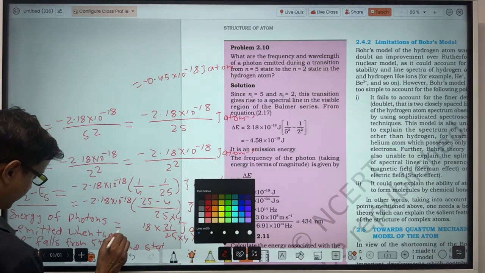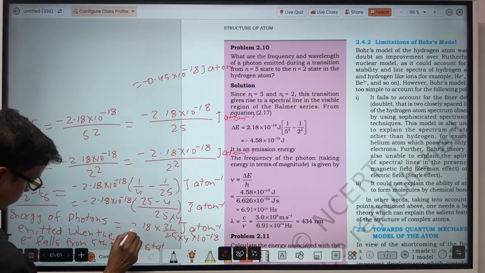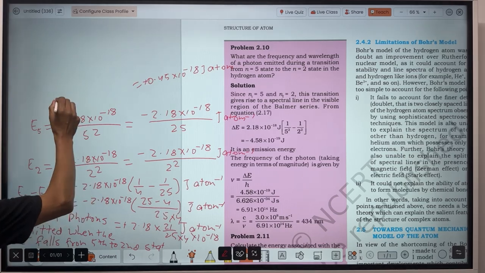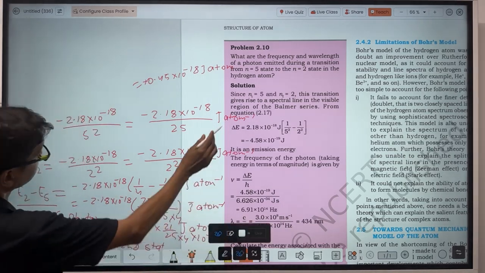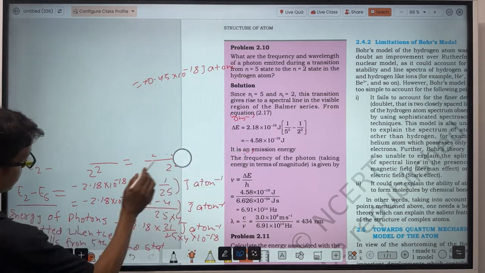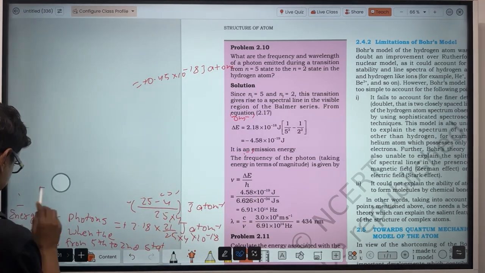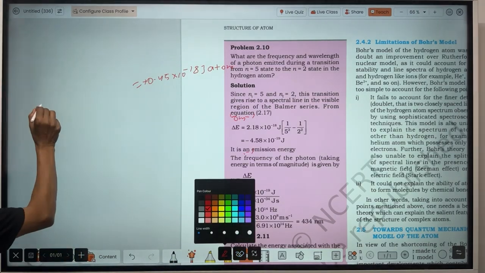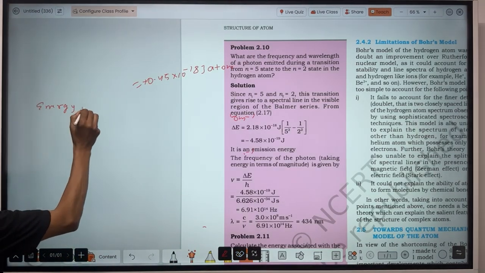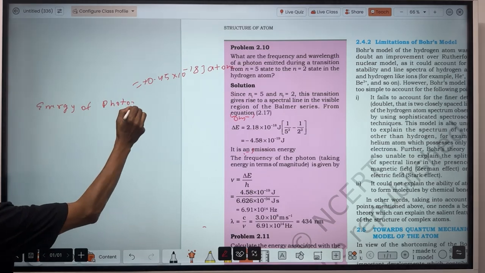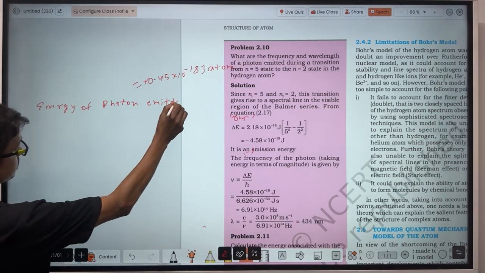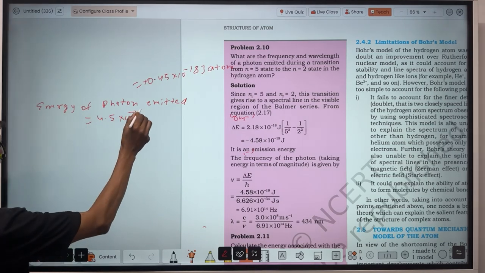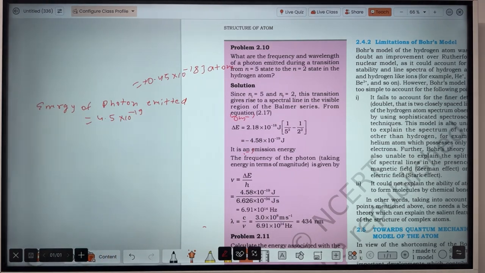The energy of the photon emitted will be 4.5 into 10 power minus 19 joule.